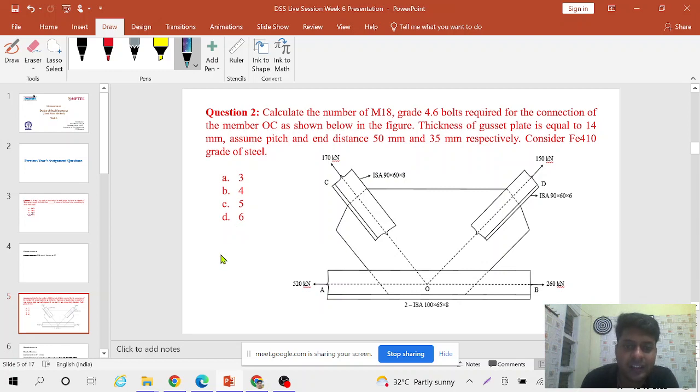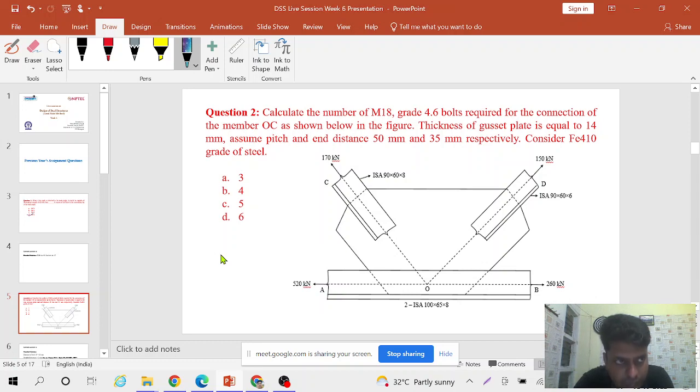Tell me, in the first step what do you have to calculate? First of all, you have calculated the diameter of hole. Second, we have to consider the design nominal shear capacity and the bearing capacity of the bolts.